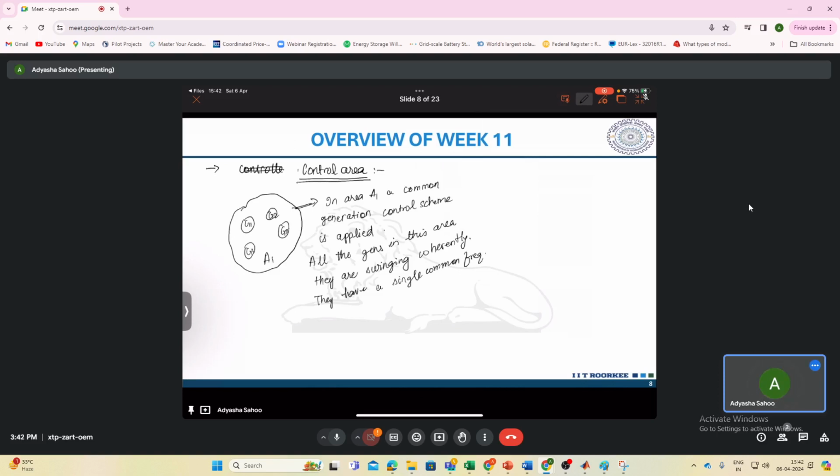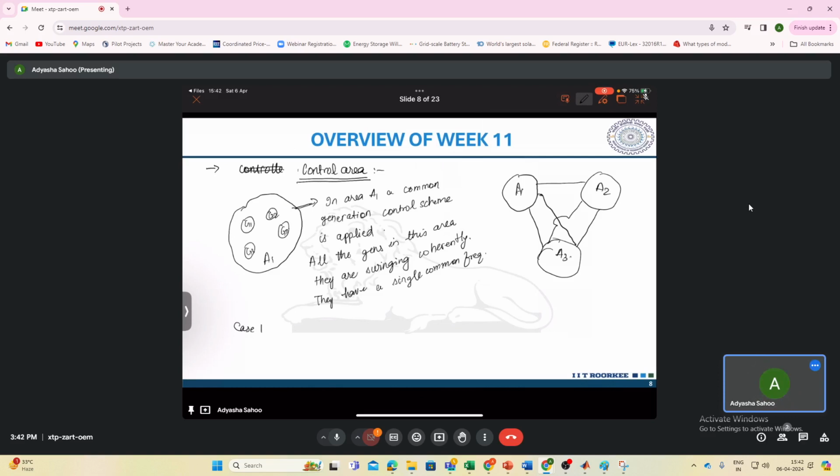Now, for two or more control areas which are interconnected with each other, let's say you have three control areas like this, there are two possible cases.